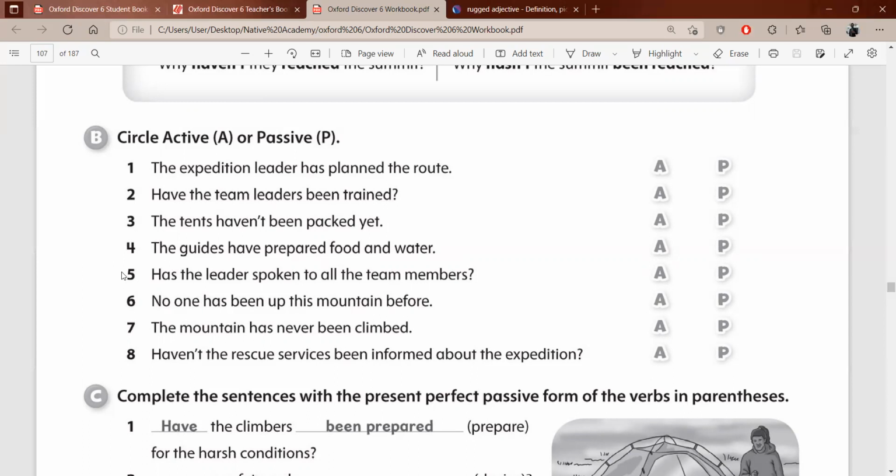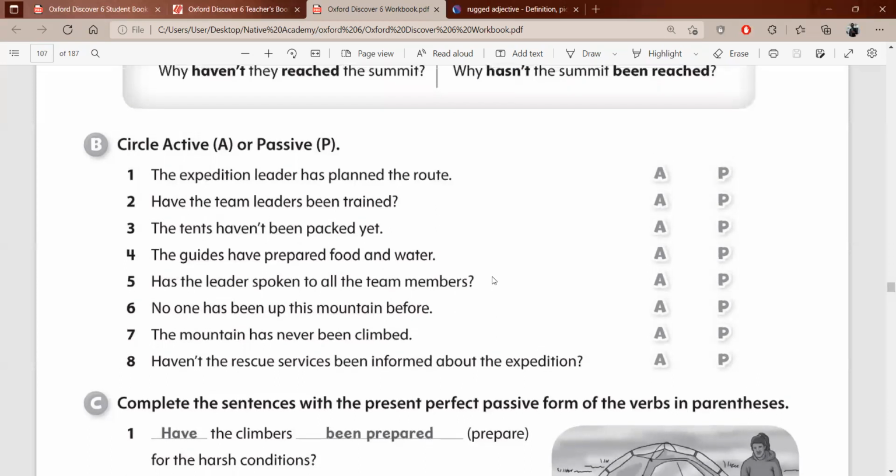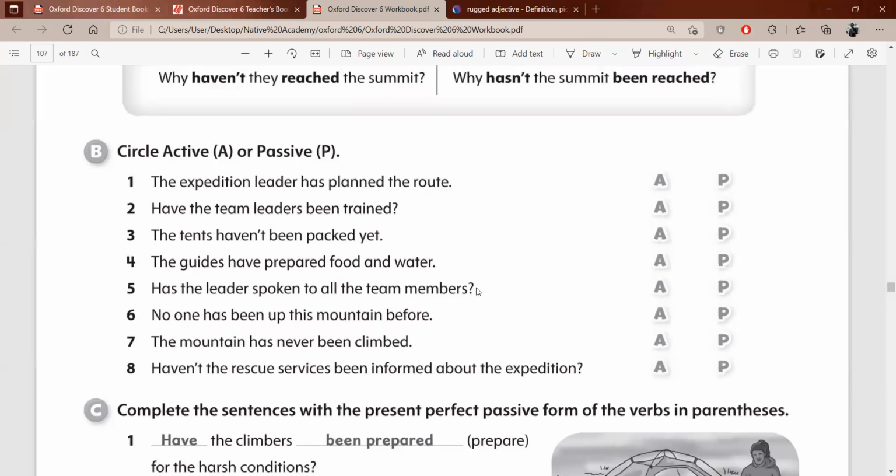Active. Can you transform it to the passive one? Number five. Okay, I'm going to write your answer.